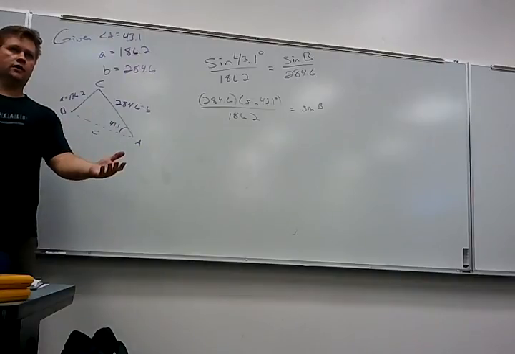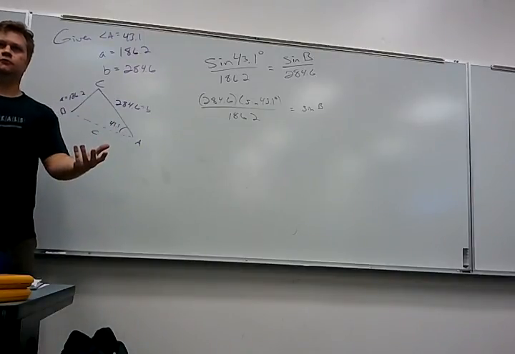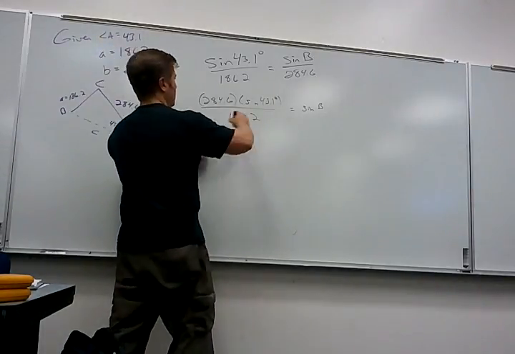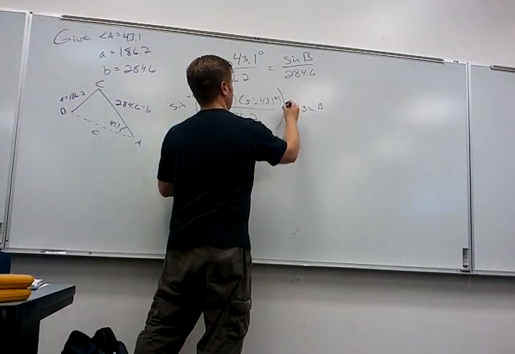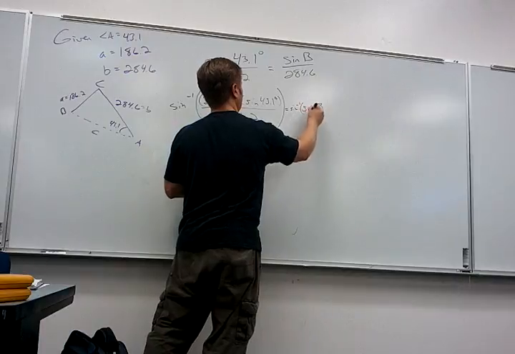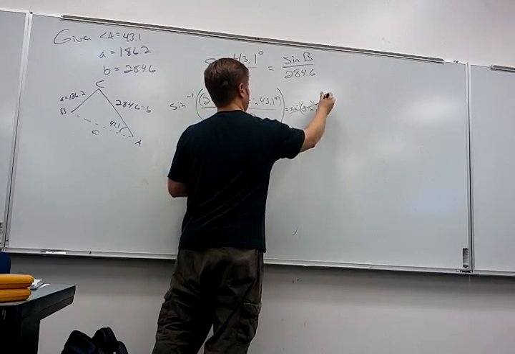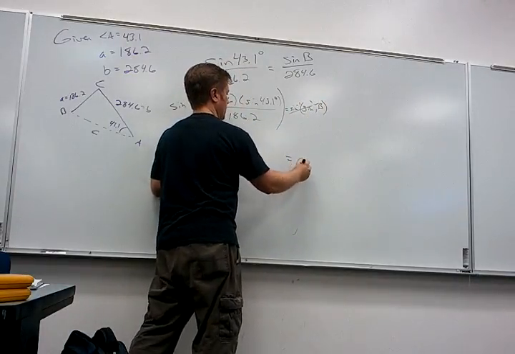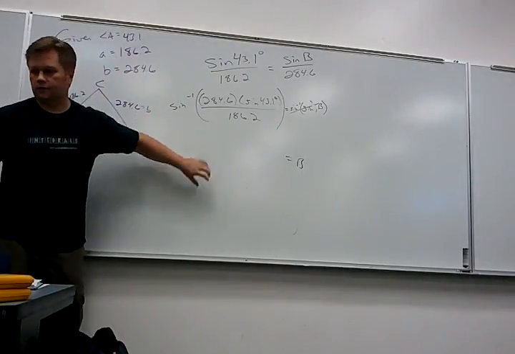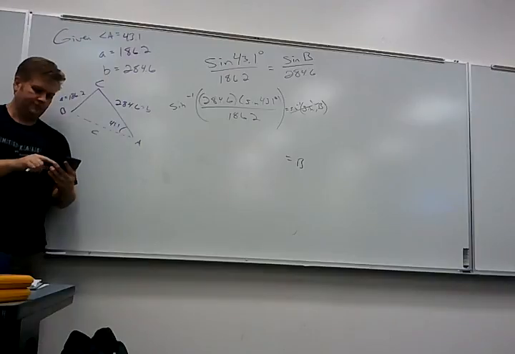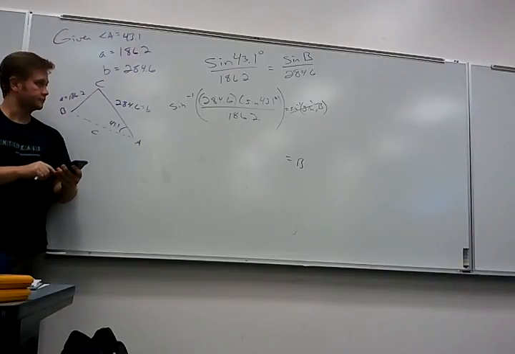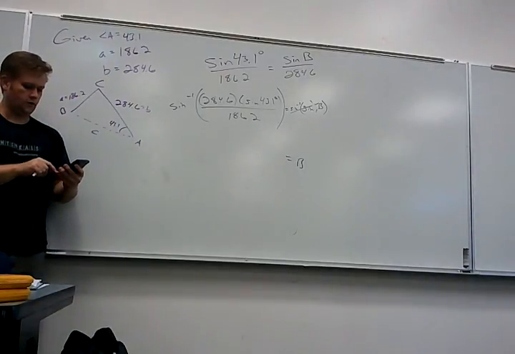What do I do to one side to kill it? I do the opposite. So whatever that is, I've got to take the inverse sine of it. So then this side I get big B. I'll do that side. You guys do that side. 65.8.